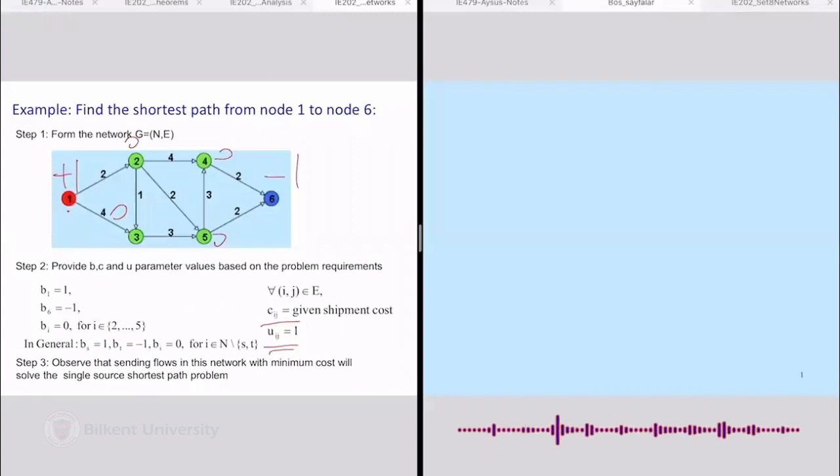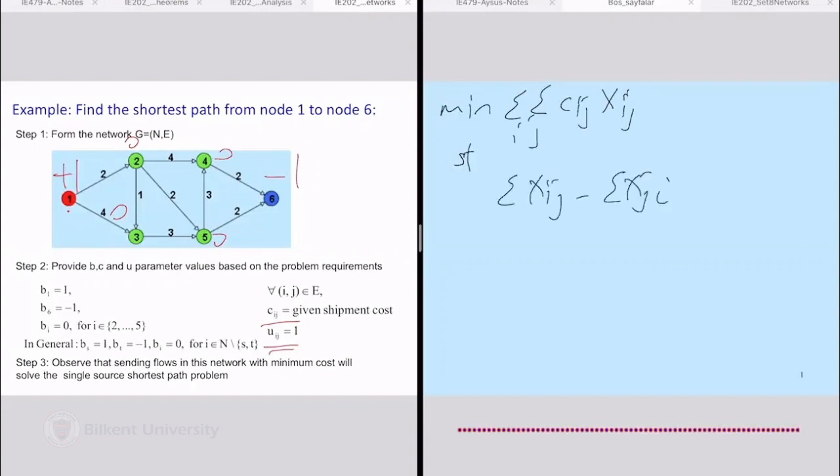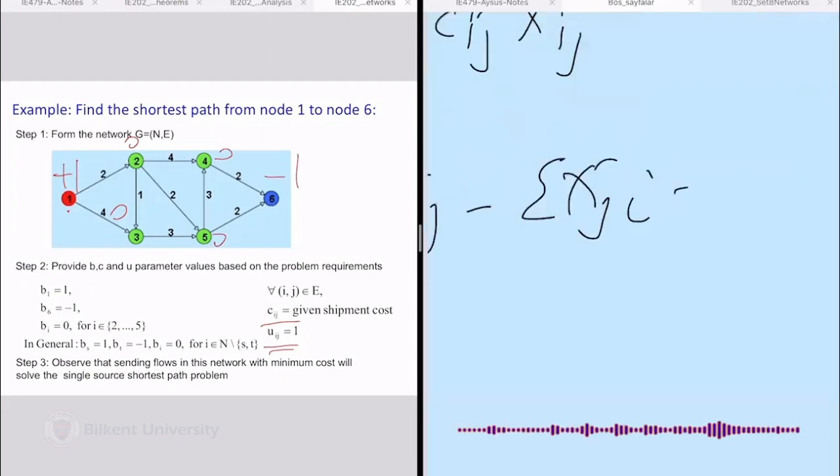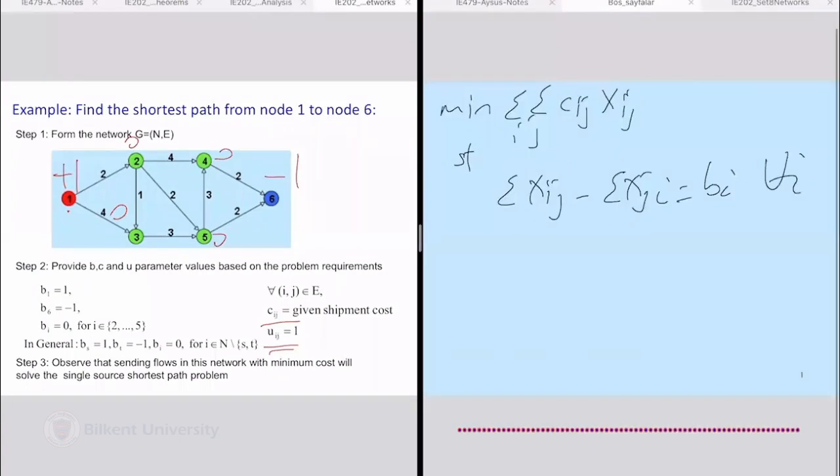Let me write the formulation here. I'm going to minimize the sum of Cij Xij, subject to the sum of Xij out minus the sum of Xji in equals Bi for all i, right? And I will have Xij between 0 and 1.